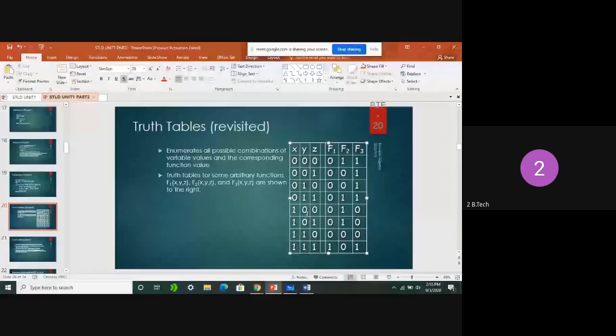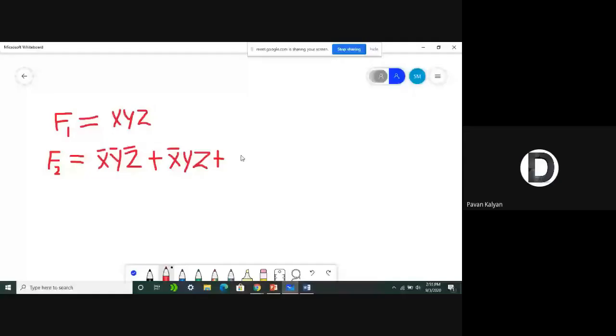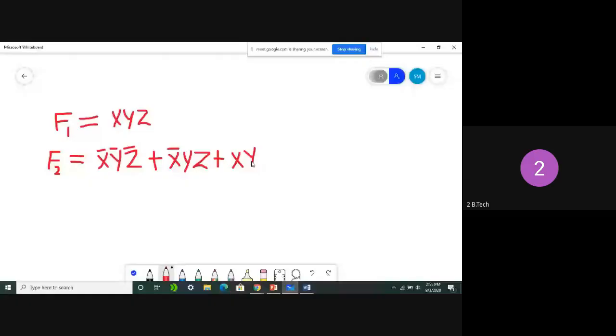What is the other value for f2? F2 is high for the other combinations 100 and 101. 100 in the sense, for 1 it is x, y bar z bar. 00 in the sense y bar z bar. Very good.